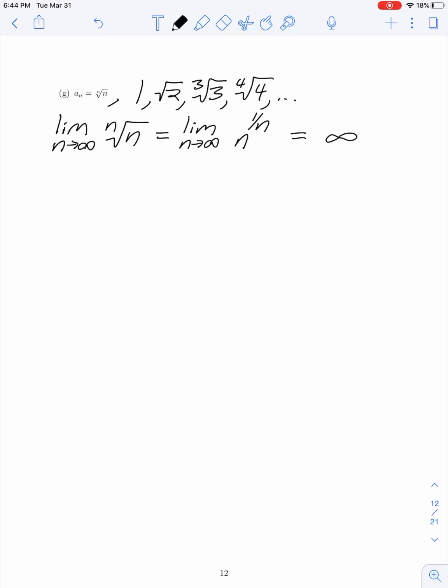If we look at the limit of the base of our exponent here, n becomes infinitely large as n approaches infinity, and our exponent, 1 over n, is approaching 0. So this is another one of those indeterminate forms.